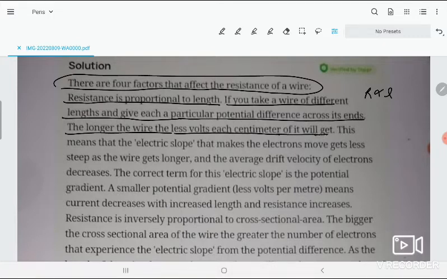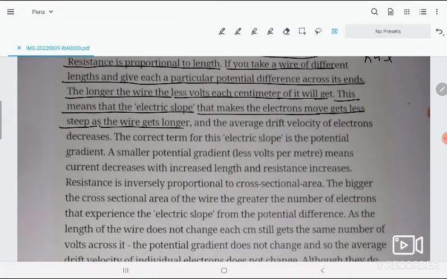If the length of the wire is large, the potential gradient will be less. This means that the electric slope that makes the electrons move gets less steep as the wire gets longer. And the average drift velocity of the electrons decreases.